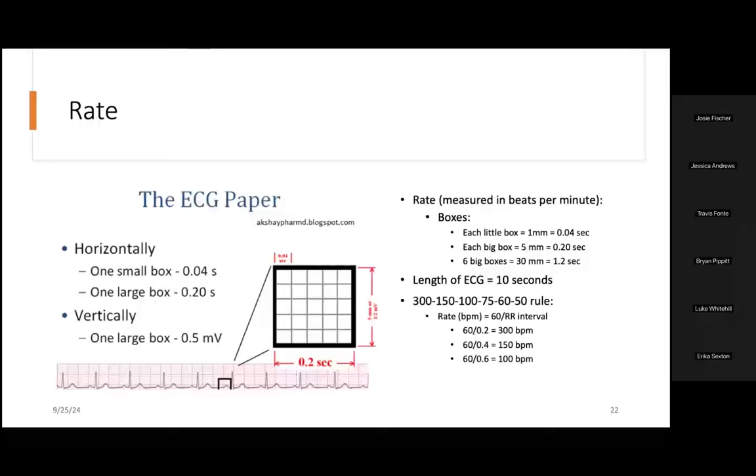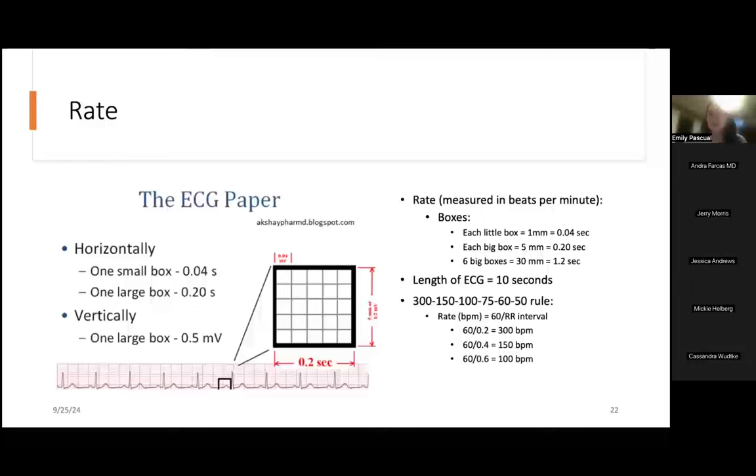So in terms of measuring the rates, I think everyone's probably used to seeing standard EKG paper. One small box is 0.04 seconds, one large box is 0.2 seconds. The easy way to get the rate is to take the RR interval, measuring from R to R, and then 60 divided by that.